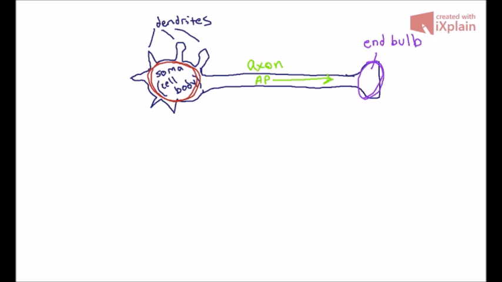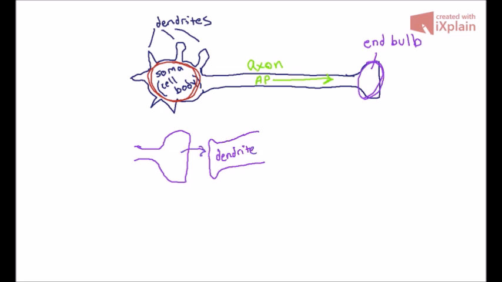And then when a neuron connects, like here's the end bulb of one neuron, it butts right up to the beginning of another neuron. What part of the neuron is this, the beginning of the postsynaptic neuron? This would be a dendrite of the neuron. That's where the end bulb connects up to.